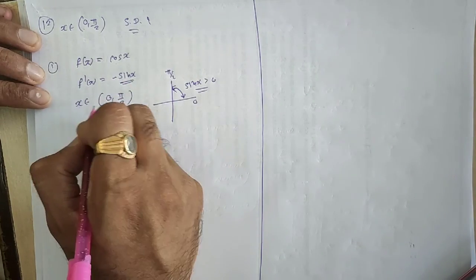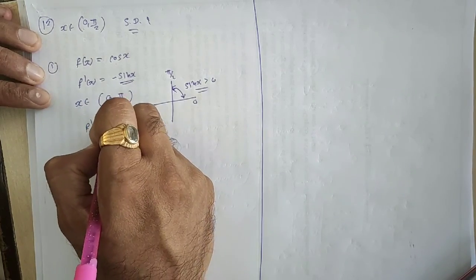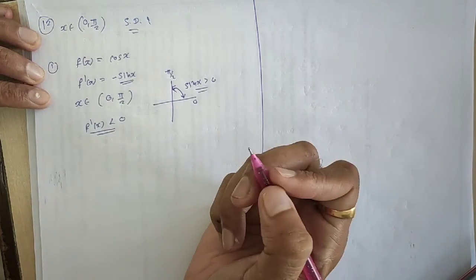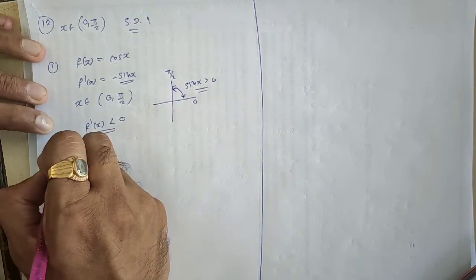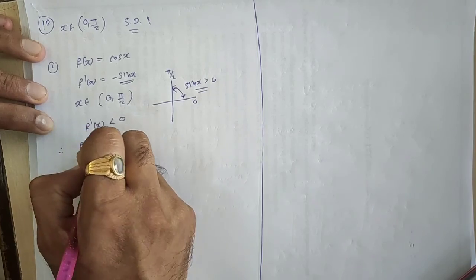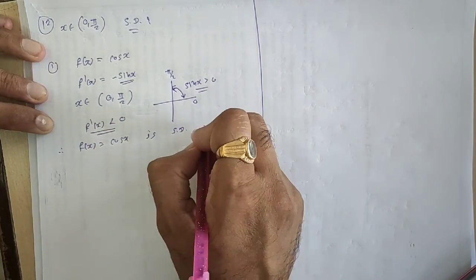So we can say that for x belongs to 0 to pi by 2, our f dash x will be negative, so it's less than 0. So f dash x is less than 0. We can say that our function f of x, which is cos x, is strictly decreasing function.